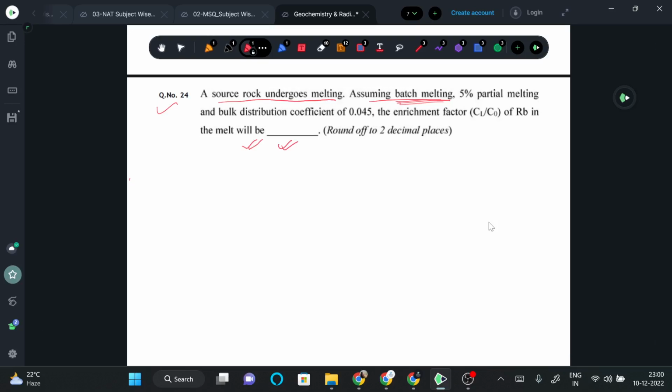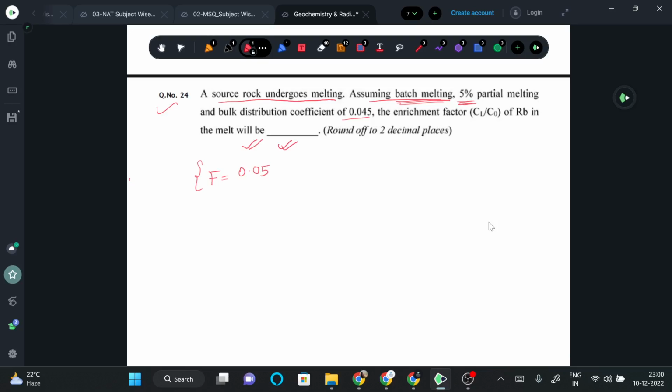5% partial melting and bulk distribution coefficient is 0.045. So here F, as I said, is fractionation. 5% partial melting means F is now 0.05. 5% means 5 by 100. We always take it as fractions, not percentage.